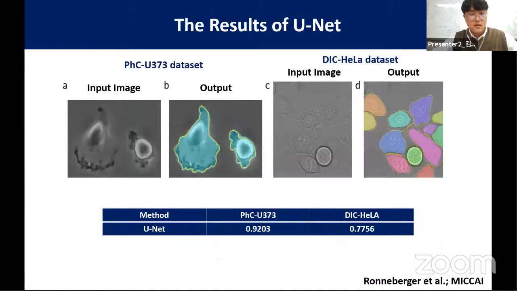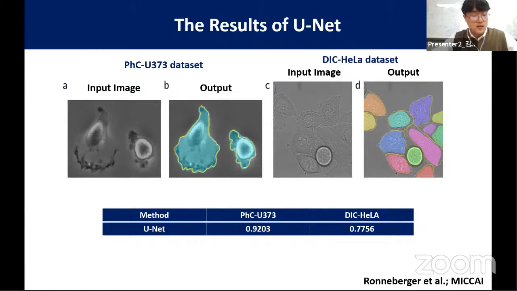In this slide, I will show the results of UNet. The UNet shows the effectiveness of the method on public datasets: PhC-U373 dataset and DIC-HeLa dataset. These datasets are microscopic datasets. As you can see, given the input images, UNet produced clear edges compared to the ground truth boundaries. UNet also achieved an average IOU.